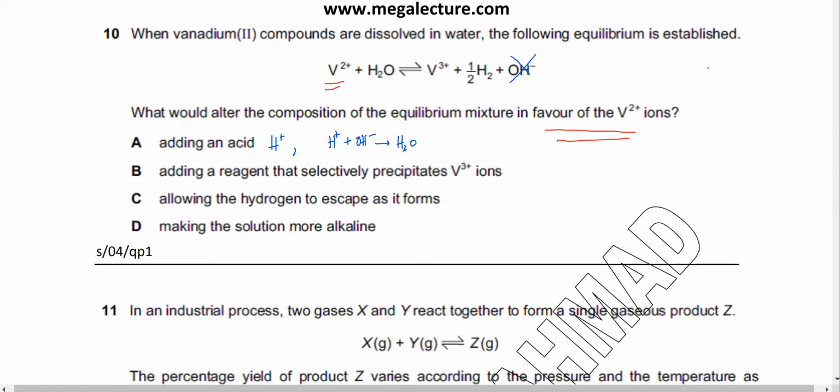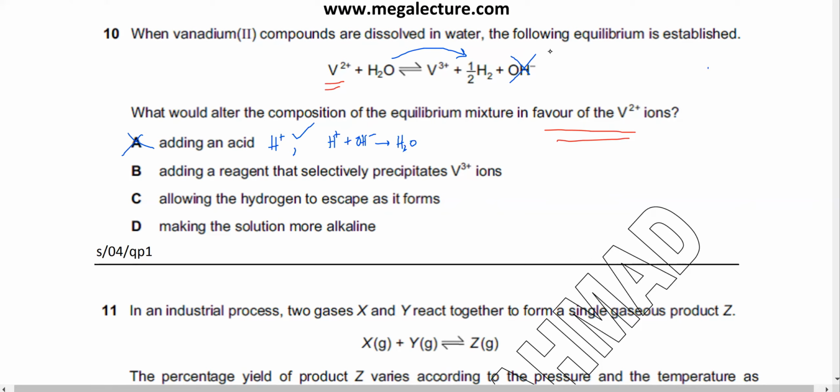The OH- ions would be removed if you add H+ ions. If you add too many H+ ions, the OH- ions are going to get neutralized. If you're decreasing the quantity of OH- ions, the equilibrium is going to try and make more OH- ions. So we don't want the reaction to go in that direction. So the first one is definitely incorrect.